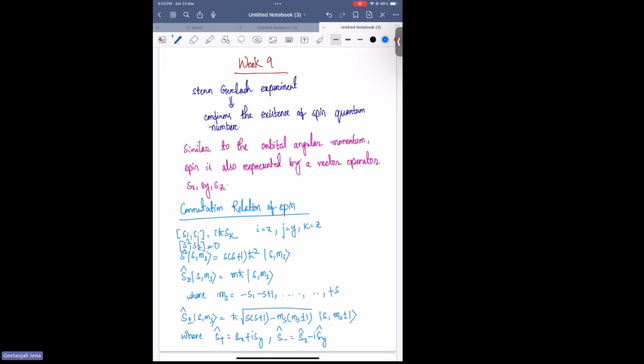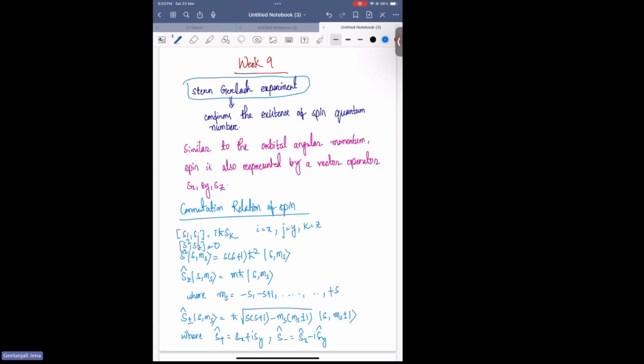In week 9, we studied one of the most important experiments, which is the Stern-Gerlach experiment. This experiment experimentally confirms the existence of the spin quantum number of a particle.